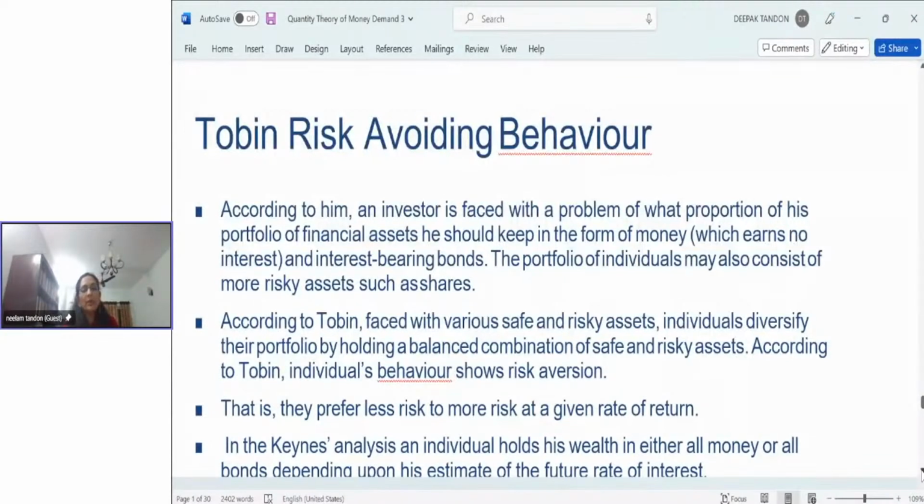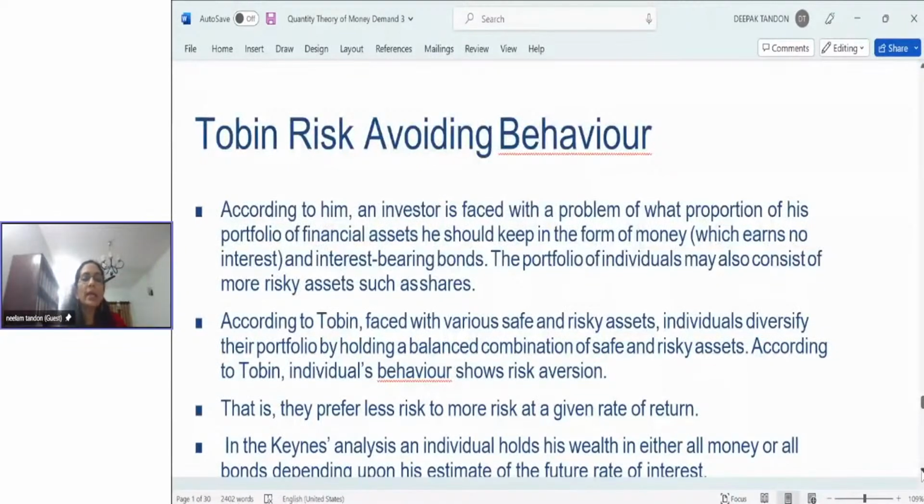So if people are more risk averse, they'll prefer to keep more cash. As people become more risk takers, that will make them go for investing. So that is how Tobin's approach was towards money demand.